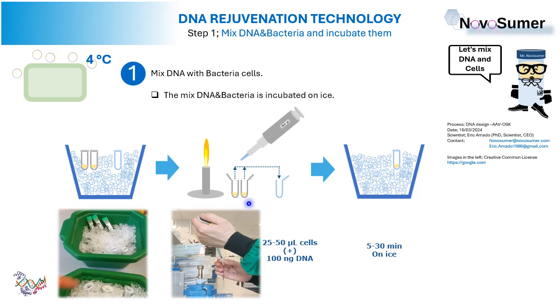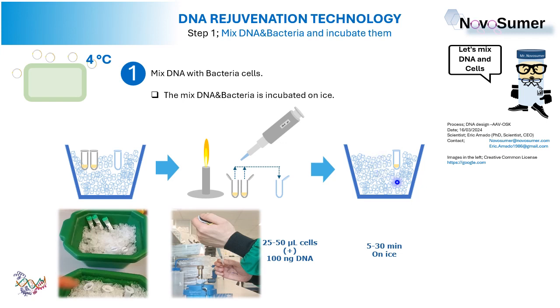Afterwards, we will add 100 nanograms of DNA into the same Eppendorf tube. At that point, this Eppendorf tube will be filled with the DNA and the bacteria cells. So just close the Eppendorf and transfer it back again to the ice box.